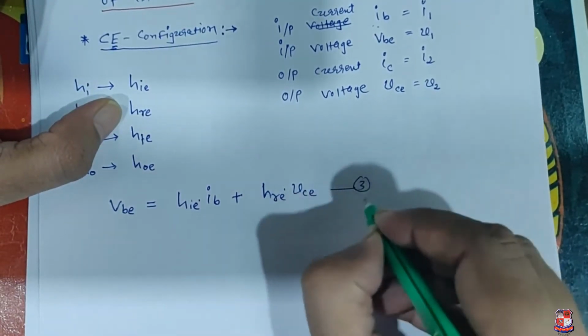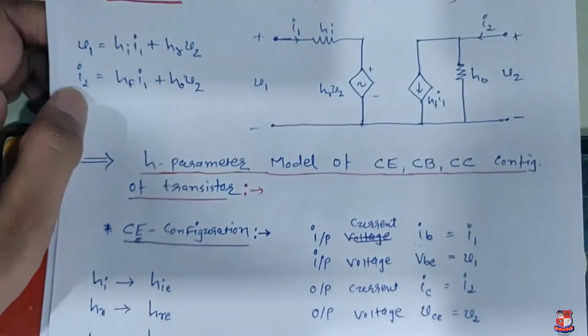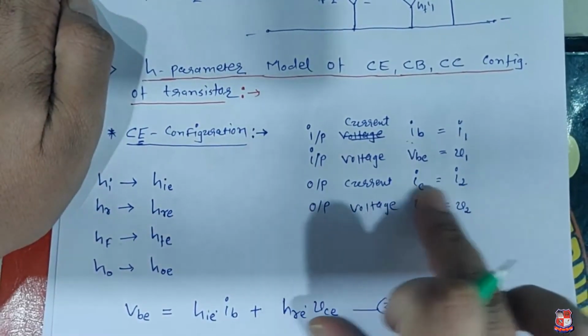We give it equation number 3. Similarly the second equation, this was I2. I2 can be represented by IC.